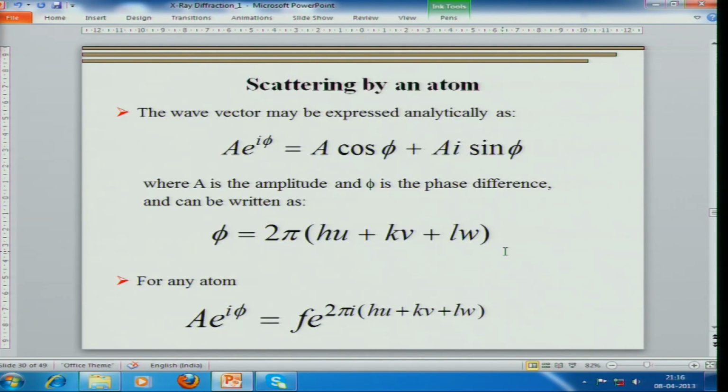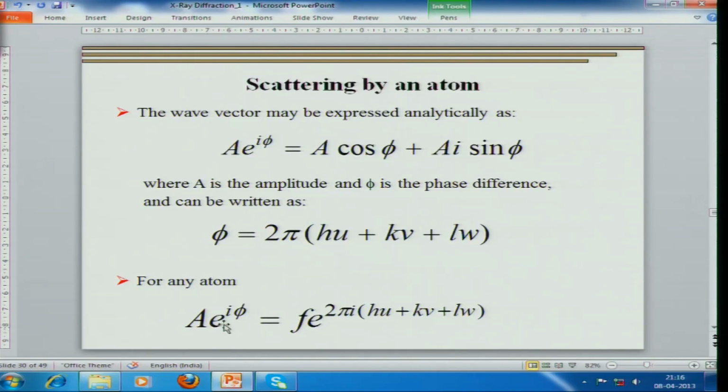However, we know that it can be expressed in terms of a wave vector, which may be expressed analytically as A e power i phi, which is equal to A cos phi plus A i sin phi, where A is the amplitude and phi is the phase difference, defined as 2 pi into (Hu plus Kv plus Lw).